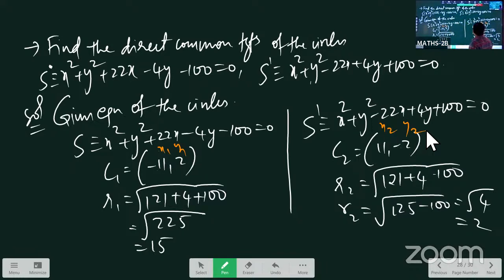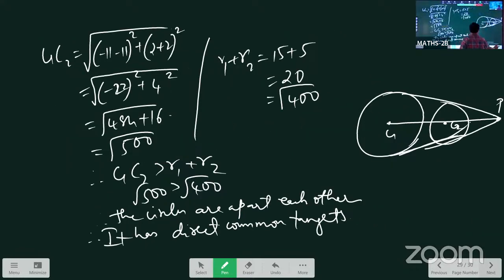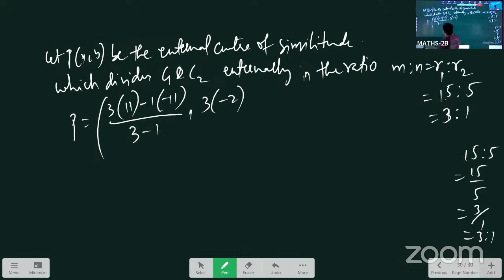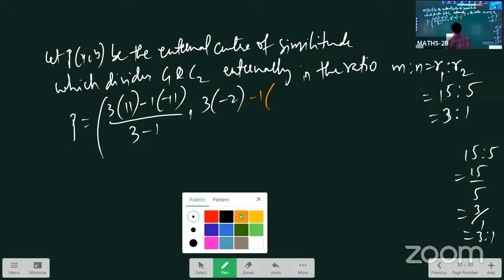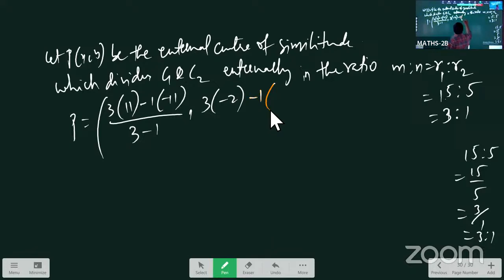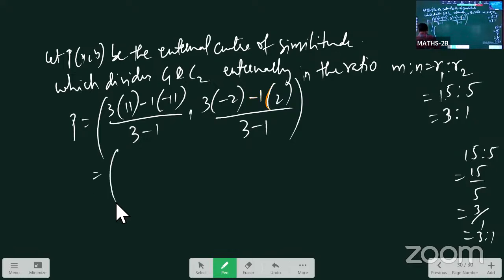So I am applying the same formula, and 3 into minus 2 minus 1 into 2, by 3 minus 1.